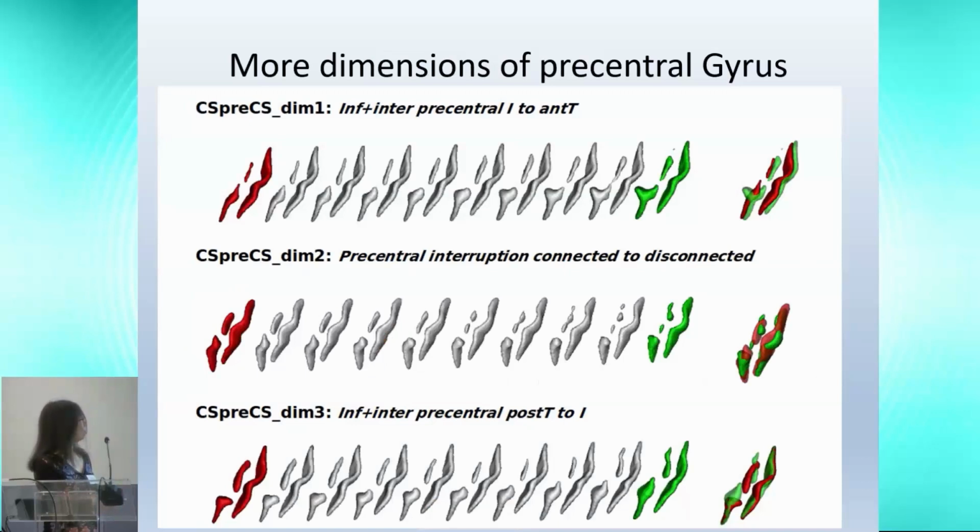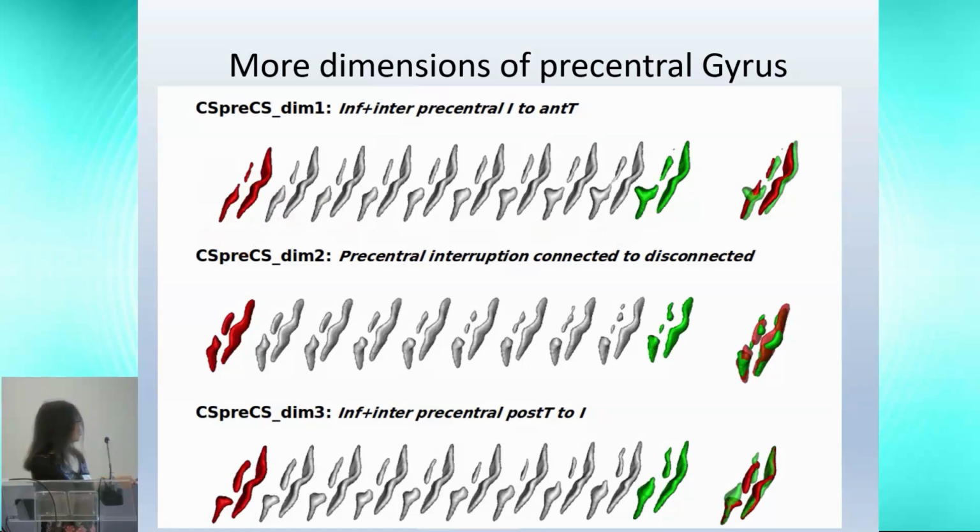And going to the more complex area, the precentral gyrus, again, if we look at the variability traits, the first one, if you look at the inferior precentral sulcus, goes from an I at one side to kind of a T. From an I to a T configuration.